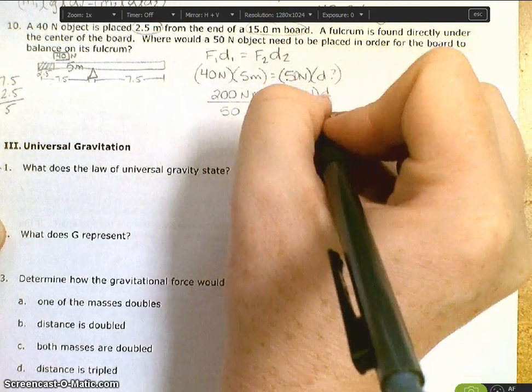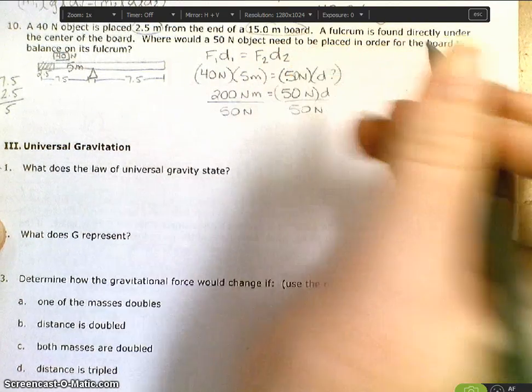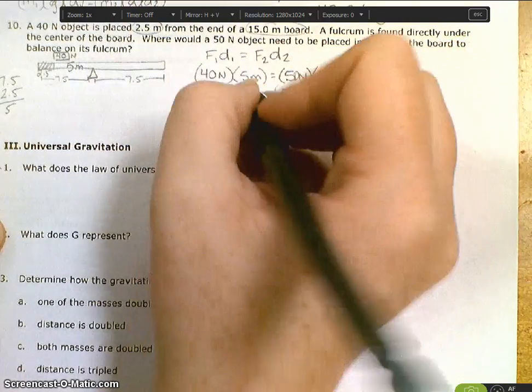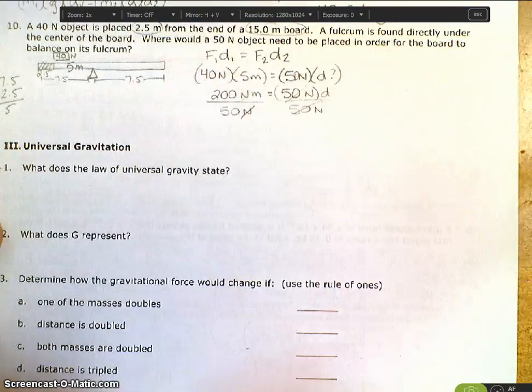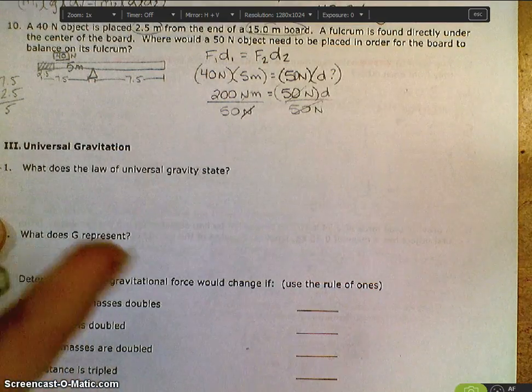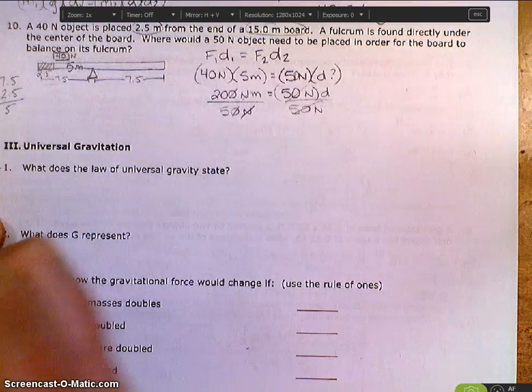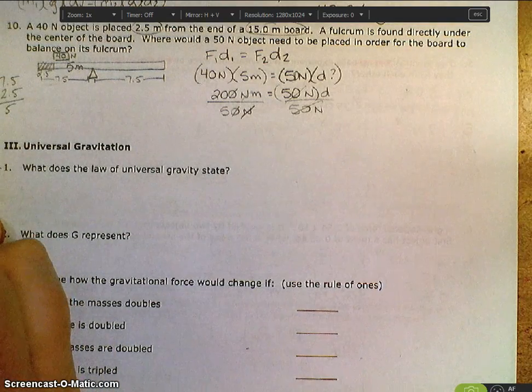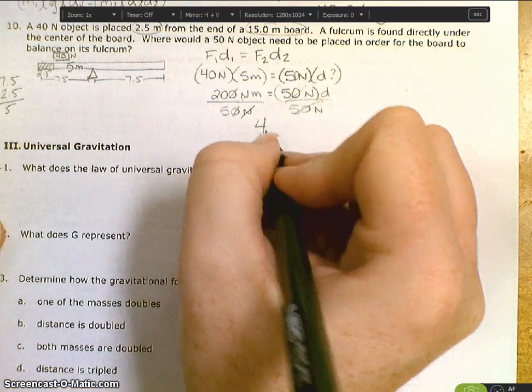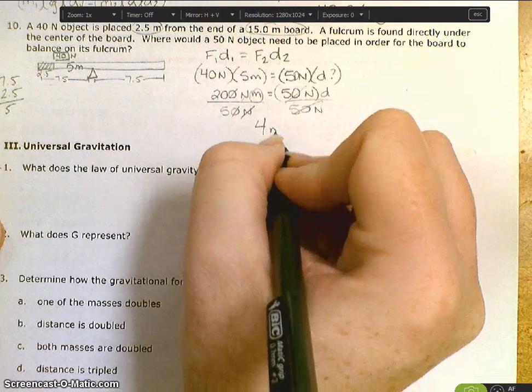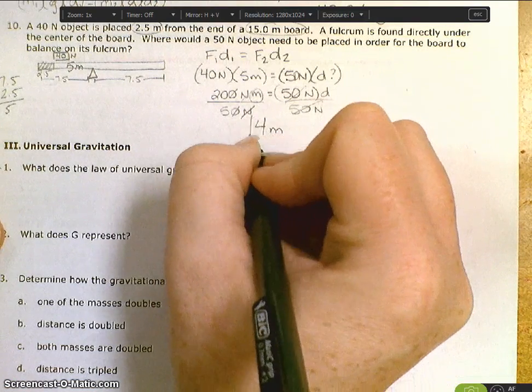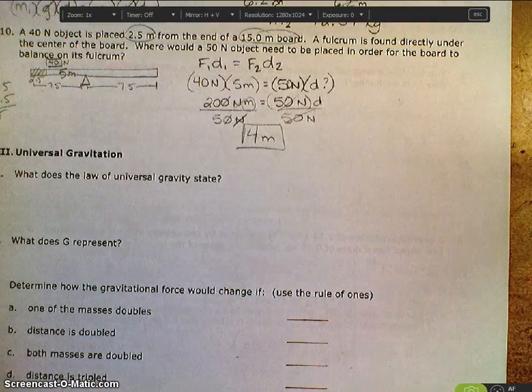And this is some pretty easy math for me without my calculator. But you guys, don't worry about it if you're using it. Okay, so I get 200 divided by 50, or I'm just not use my calculator and say this is 20 divided by 5, which is 4. Now look right here, 4 meters. Distance. It all works out just perfect.